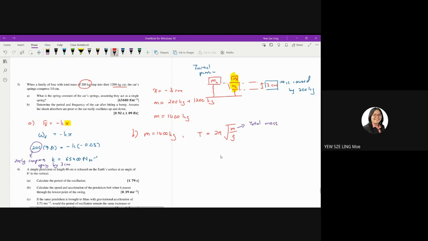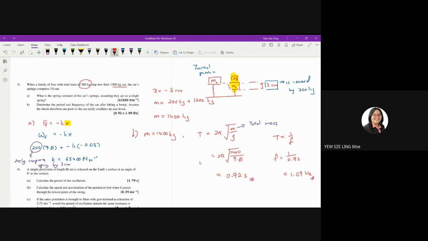So T equals 2 pi square root of 1,400 divided by 65400, which equals 0.92 second. Once you have the period, you can calculate the frequency because T equals 1 over f. So f equals 1 over 0.92, which equals 1.09 hertz. So this is the answer.